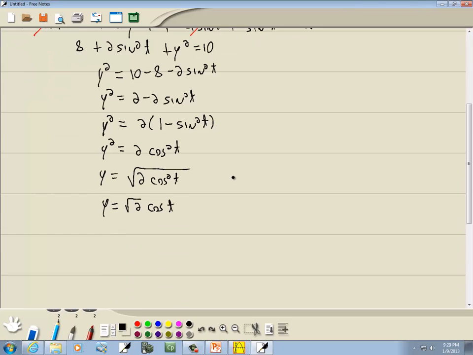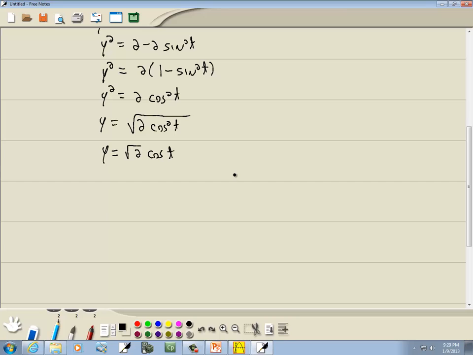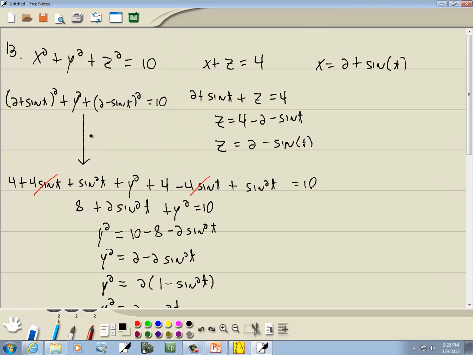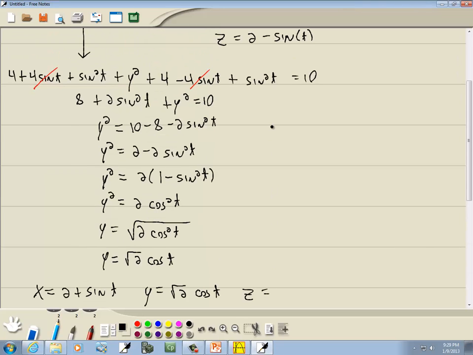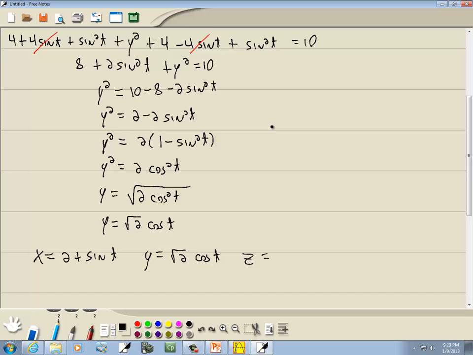So now we know what our x, y, and z are. Let me jot that down. X is 2 plus sine t, y is equal to the square root of 2 cosine t, and z is equal to 2 minus sine t.